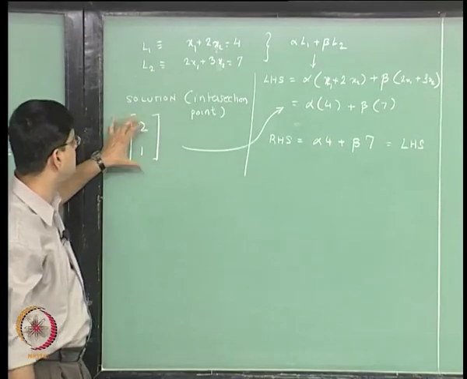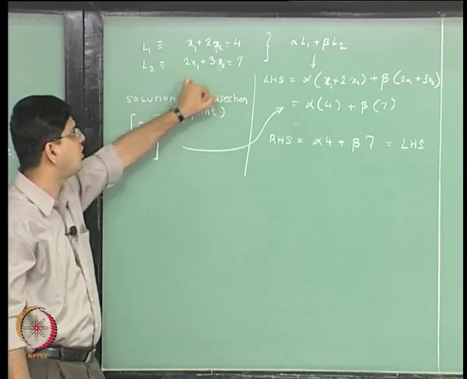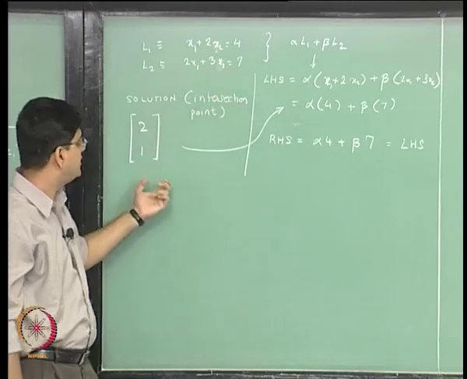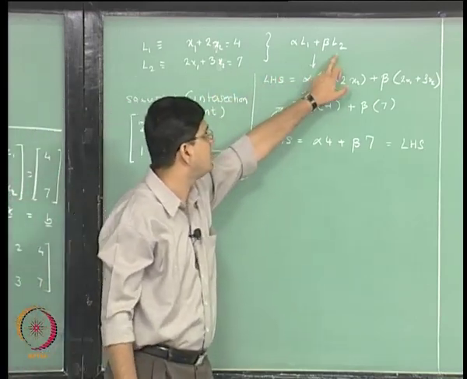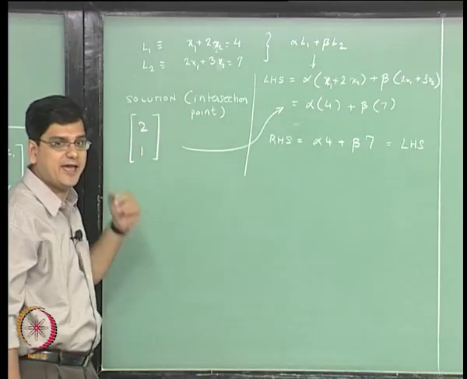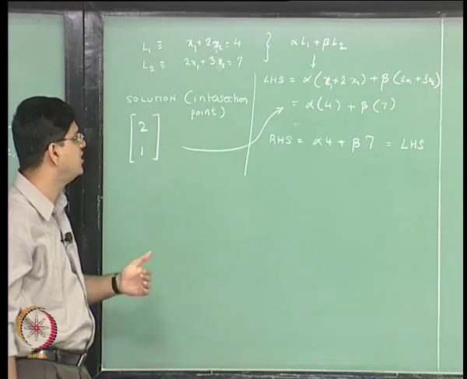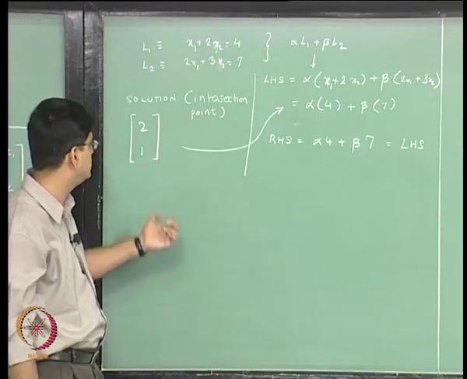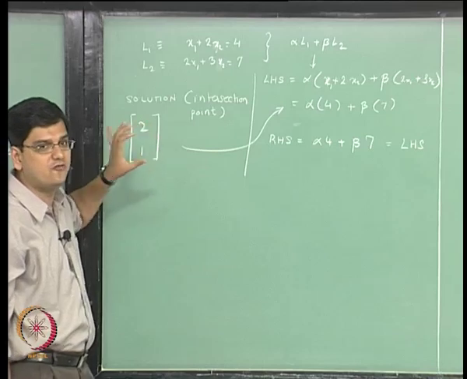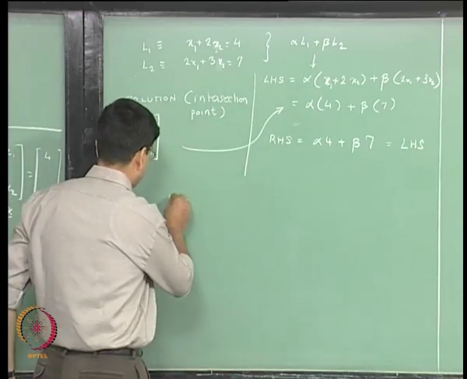That means this particular point lies on the line L1 as well as on the line L2, but it also satisfies the equation alpha L1 plus beta L2, which means that for any scalar values alpha and beta, including alpha equal to 0 or beta equal to 0, the point 2 1 is going to lie on that particular line.